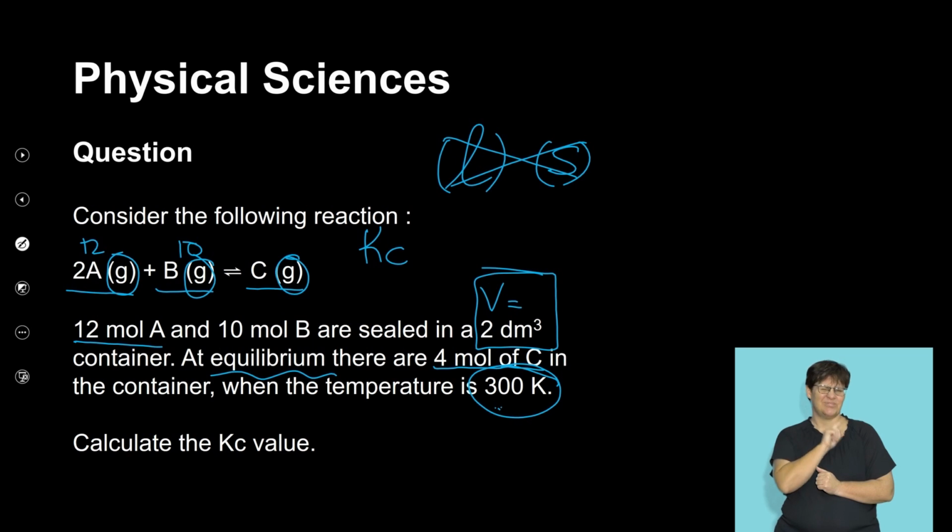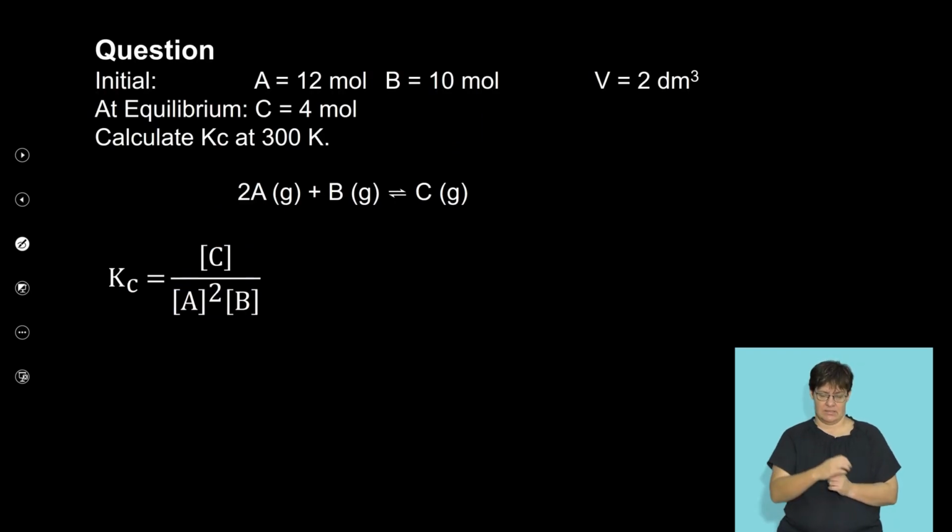Why do they talk about the temperature there? Remember, Kc is only affected by temperature. So they need to tell us at what temperature this specific experiment is done. So the question then there is, work out or calculate Kc.